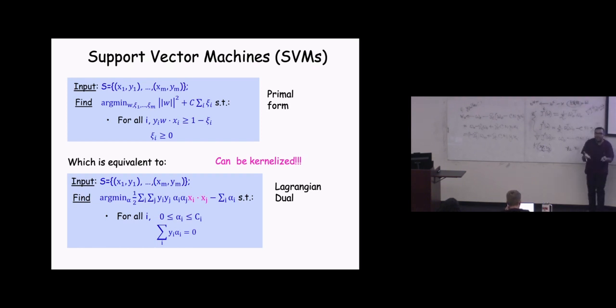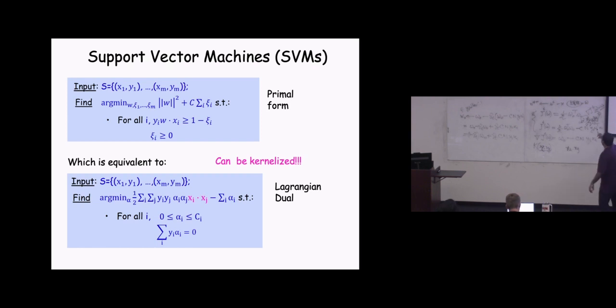That is how we learn w. So if we say w dot x, that is essentially a summation of alpha i xi dot x. So you can replace w dot x with alpha i xi dot x. These are two different points.